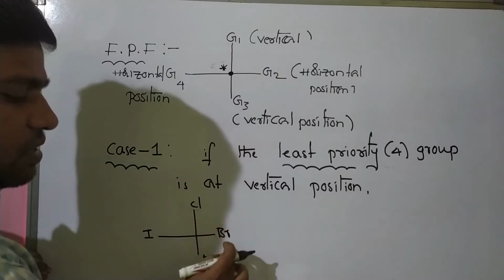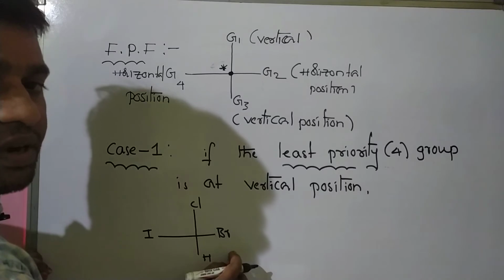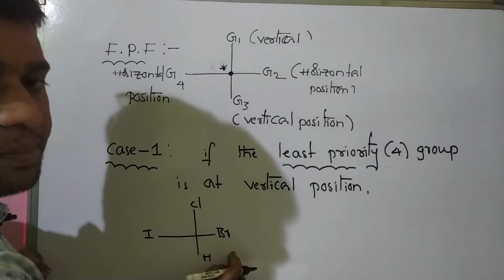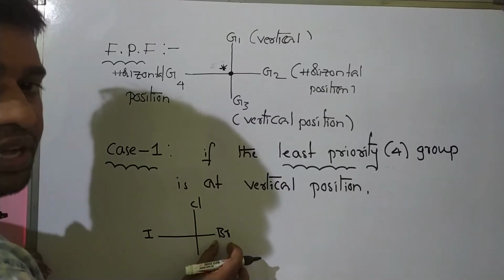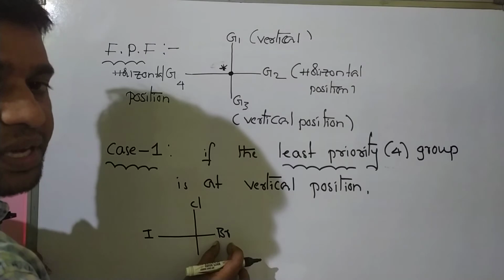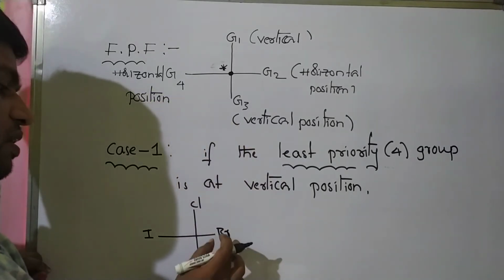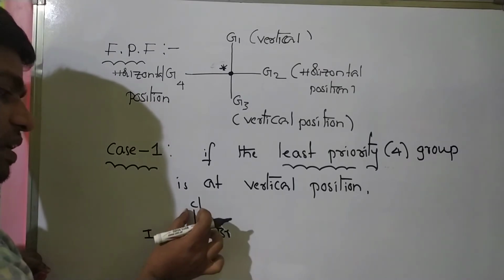All the 4 different groups are given priorities based on the highest atomic number rule. The first rule is the highest atomic number rule, meaning the atom or group having the higher atomic number will get first priority. Here bromine, here hydrogen, here iodine, here chlorine.